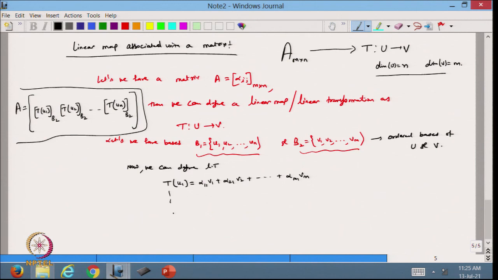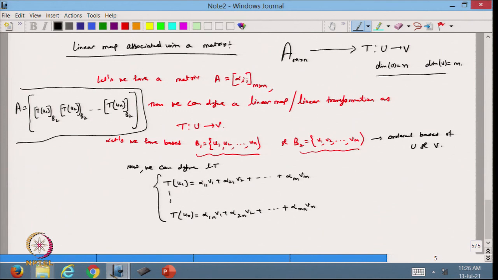Same way I can write T of my un, that is alpha 1n v1 plus alpha 2n v2, up to alpha mn vm.